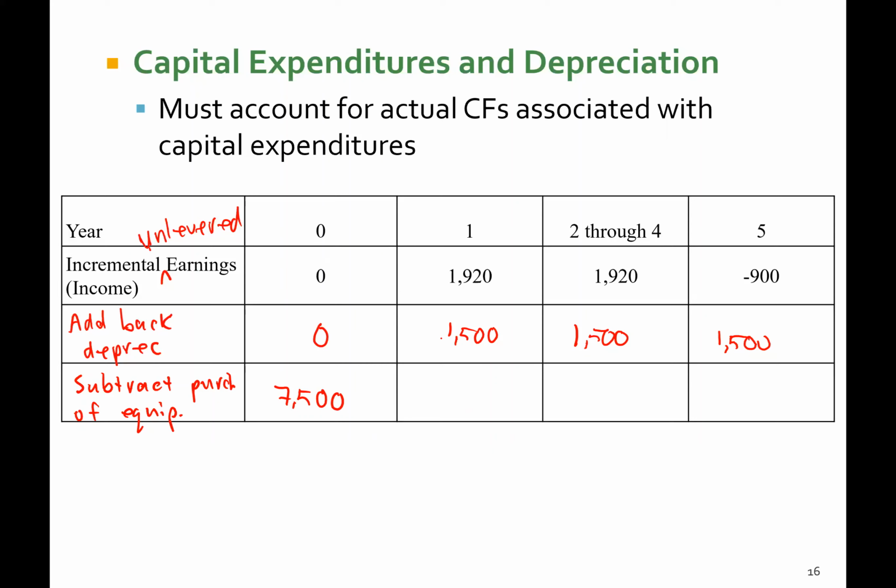So once we have our incremental earnings, we're adding back depreciation and subtracting off any equipment purchases. For this project, there was no additional equipment purchase that was required over the project's lifetime. And so those are some of the adjustments that we're going to be making in order to convert earnings into actual cash flows.